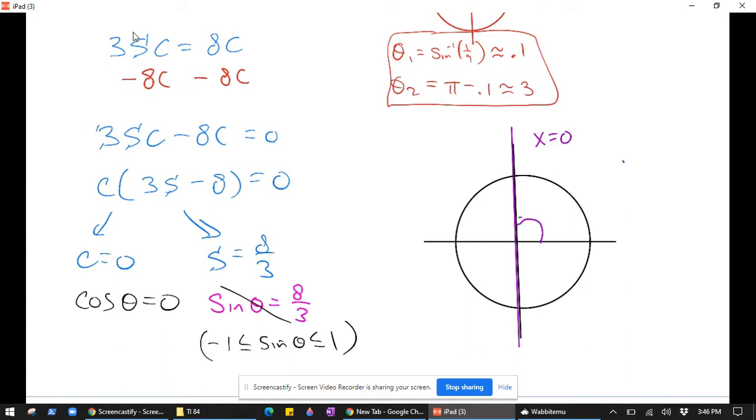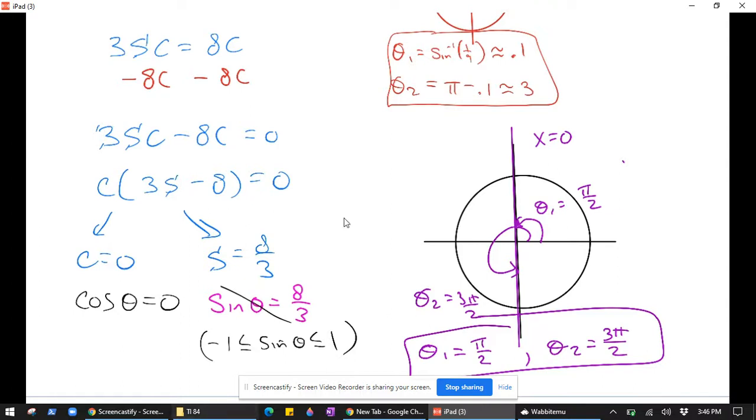Our answers are clearly that, which is pi over 2, we don't need a calculator, and then our other answer is that one, 3 pi over 2. I should have called them 1 and 2, because we don't have any other answers in this problem. Theta 1 is equal to pi over 2, and theta 2 is equal to 3 pi over 2.